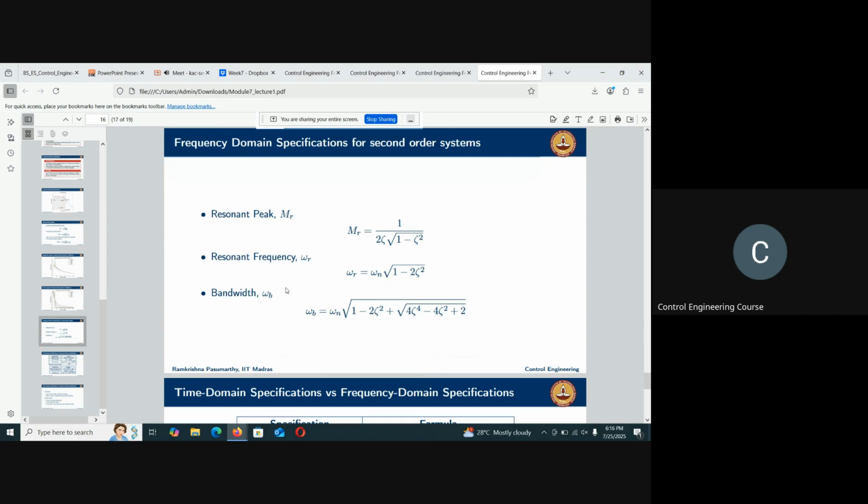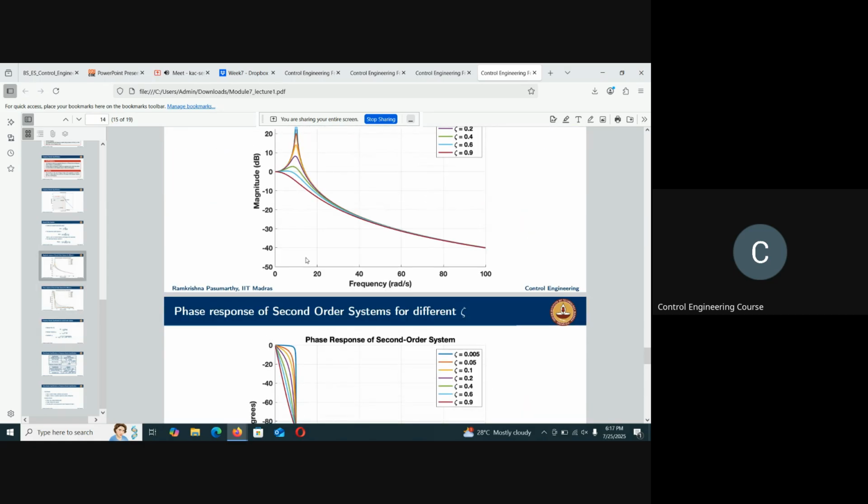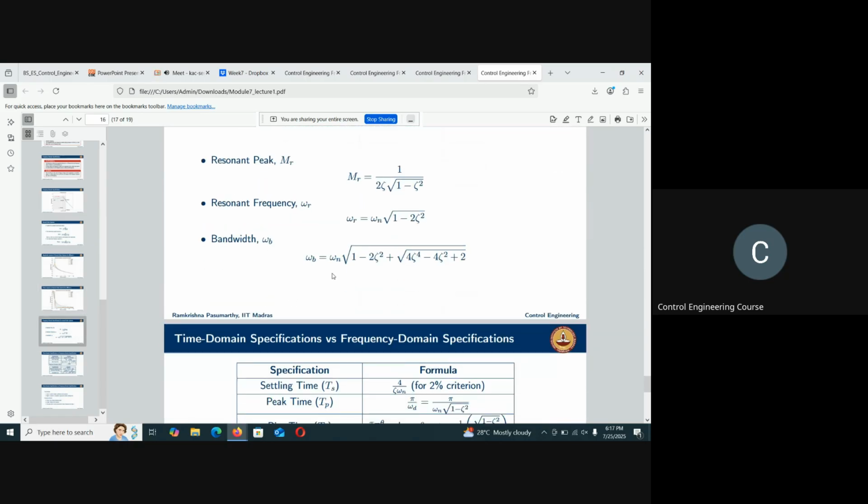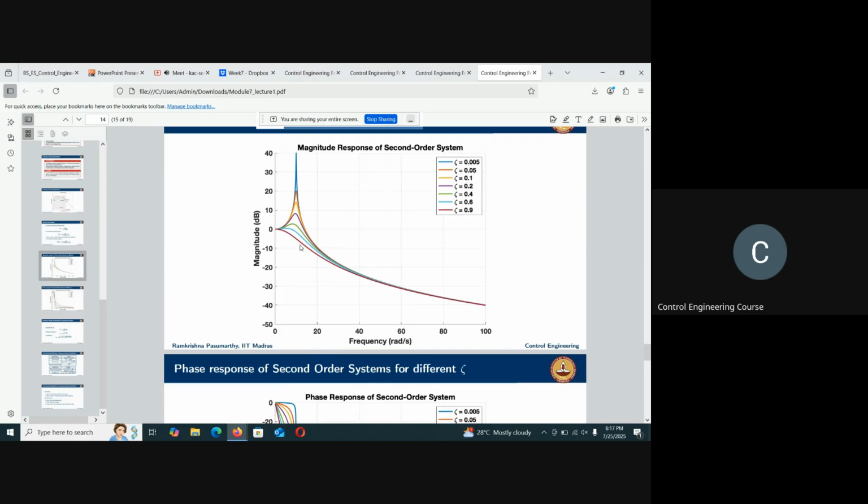The resonant frequency is where this peak occurs in frequency. The bandwidth is a measure of at what frequency range the system response is very sensitive, and it depends on the tolerance that you take.